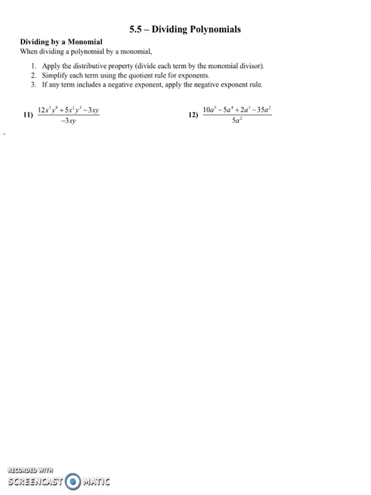So, for example, in number 11, we can break the numerator up and put each term in the numerator over the denominator.